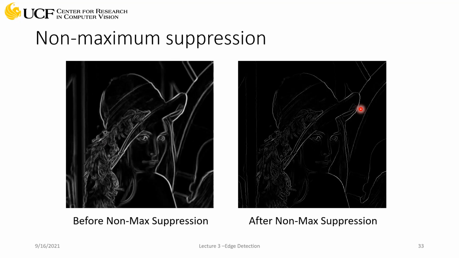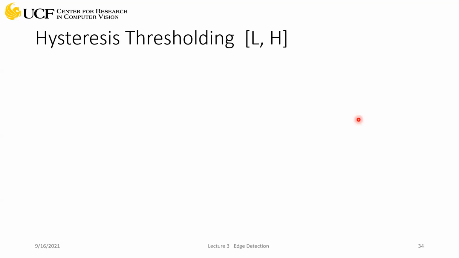I think the suggestion was non-local mean, which was pretty good. But what if we don't want to do any of that? Is there a better approach? What we do here is, instead of having just one threshold, we keep two thresholds: one low and the second high.